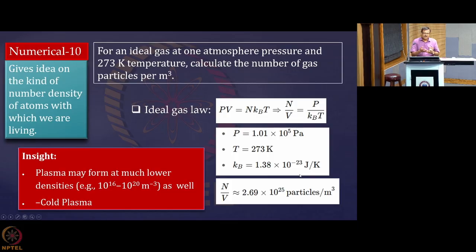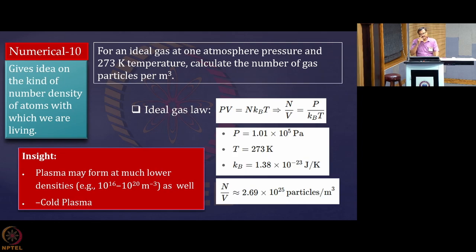So most of us actually remember these values: P of the order of 10 to the power 5, T 273, and kB of the order of 10 to the minus 23. So if we just want to know the order, it is not very difficult to tell that it is 10 to the power 25.